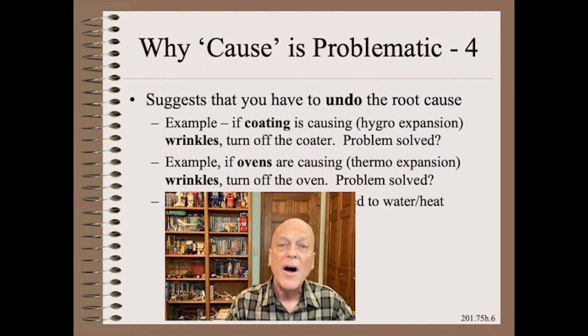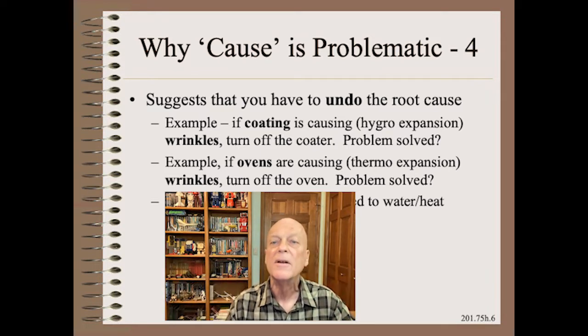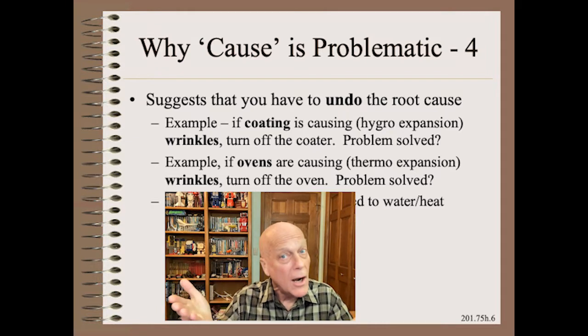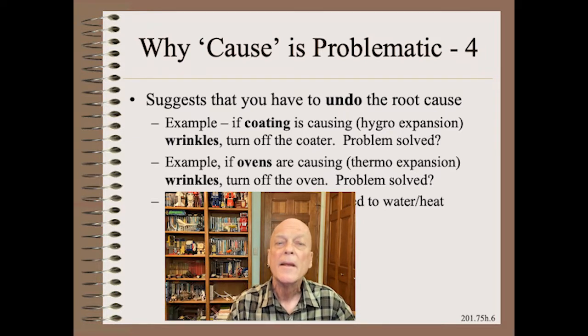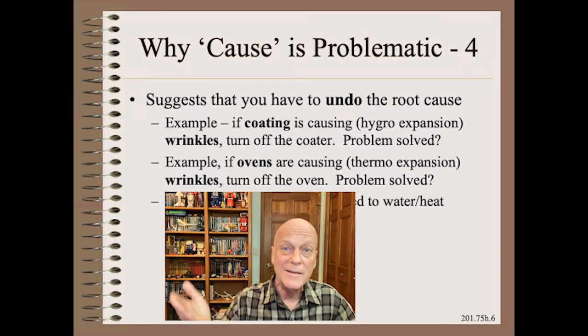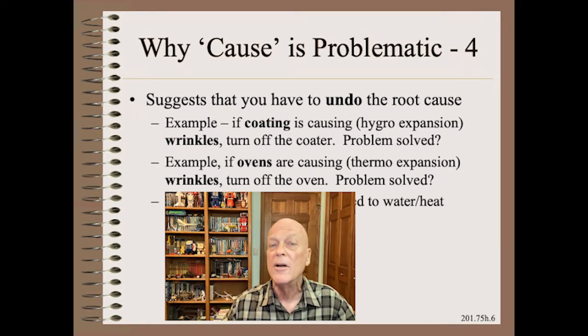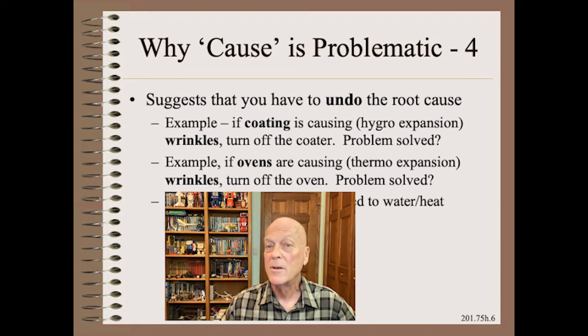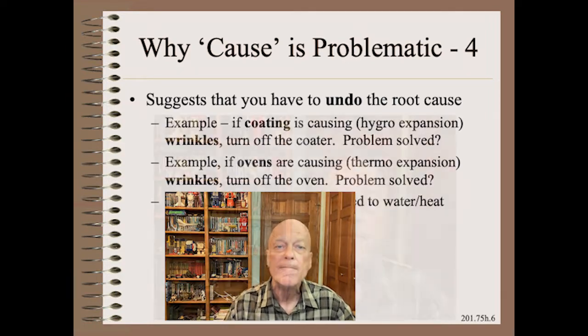Similarly, if ovens are causing wrinkles, again due to expansion, then turning the oven down or even off would help with the root cause. Obviously, while turning down or turning off the oven or coating would reduce wrinkles, it would also reduce the number of your products and the customers who supposedly like that dried coating.